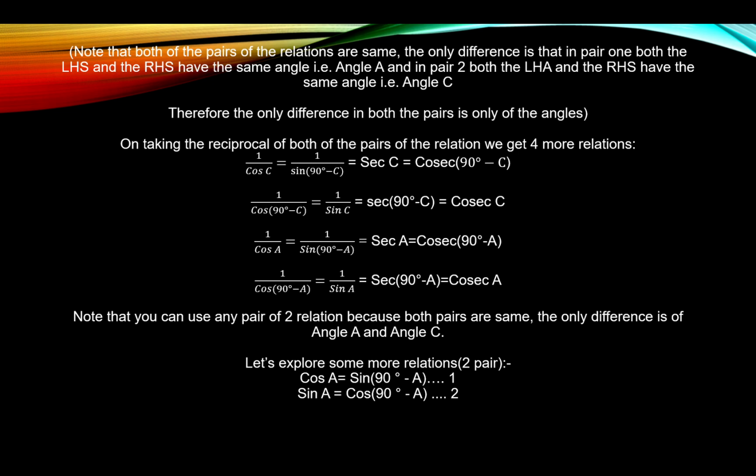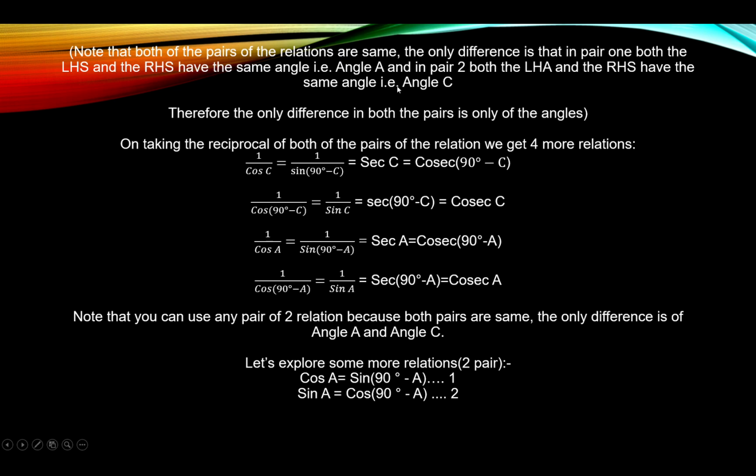Note that the relations in both of the pairs are the same. The only difference is that in one pair both the LHS and RHS have the same angle, which is angle A, and in pair number 2 both the LHS and RHS have the same angle, that is angle C. Therefore the only difference in both pairs is the angles A and C. Please ignore this, what I actually meant was LHS.